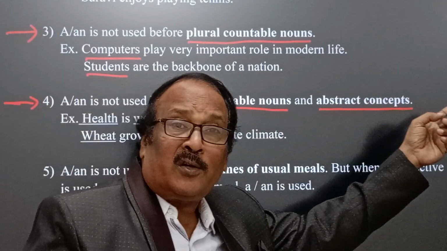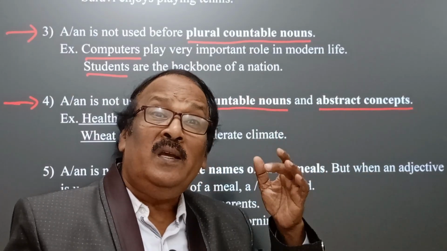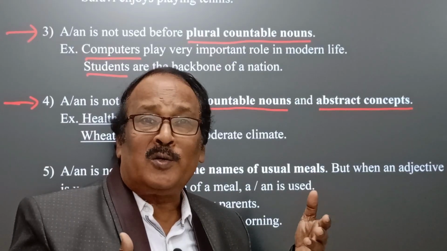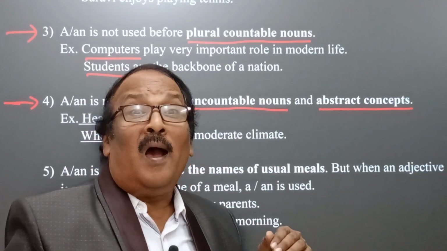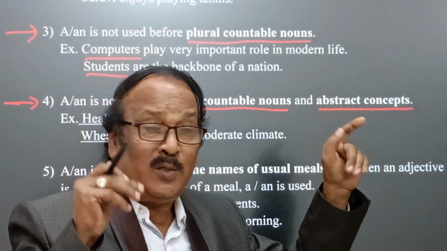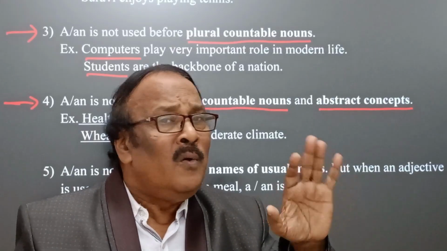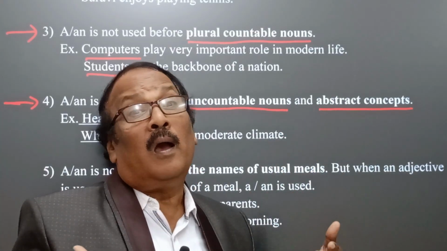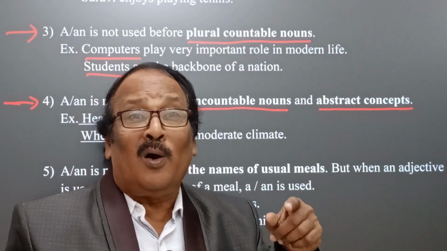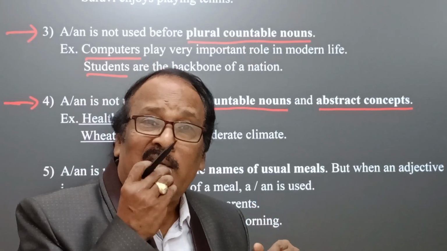And again, an abstract concept means a concept which cannot be felt or understood through our five sense organs. Yes, love we just understand, but we cannot see or touch it, or listen to it, or feel it, or taste it.